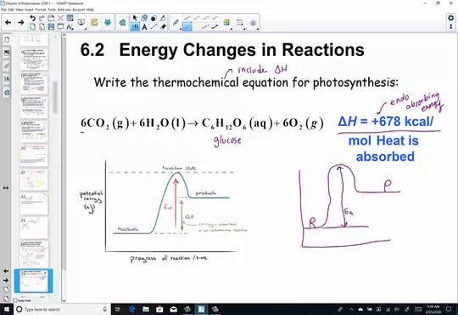I'm going to abbreviate that as EA, the activation energy. And down here, the difference between the reactants and the products is your heat of reaction. And since we're at a higher value, positive 678 kcals should be labeled on your graph. So as reactants climbed to products, it had to absorb 678 kcals per mole.